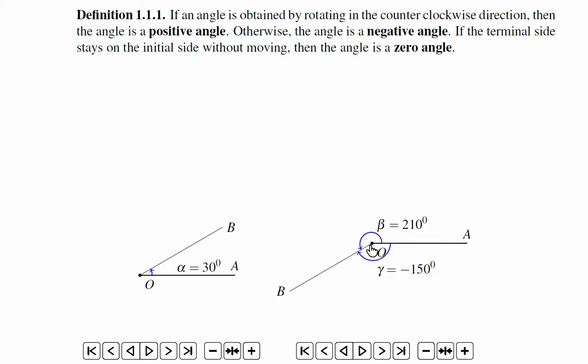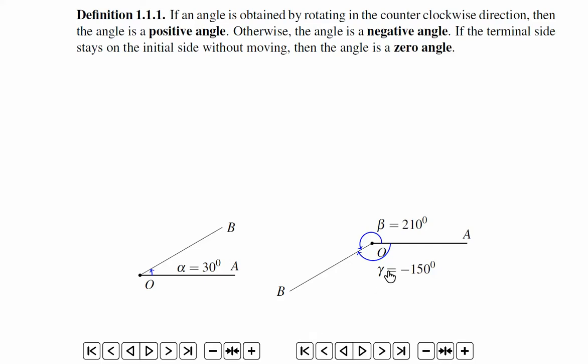So this terminal side is here, but it can be obtained by rotating positive 210 degrees counterclockwise, or this OB can also be obtained by rotating the terminal side in the clockwise direction by 150 degrees, so you'll get a negative angle.